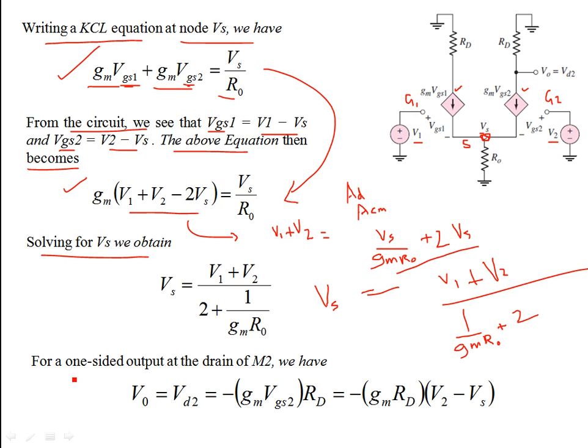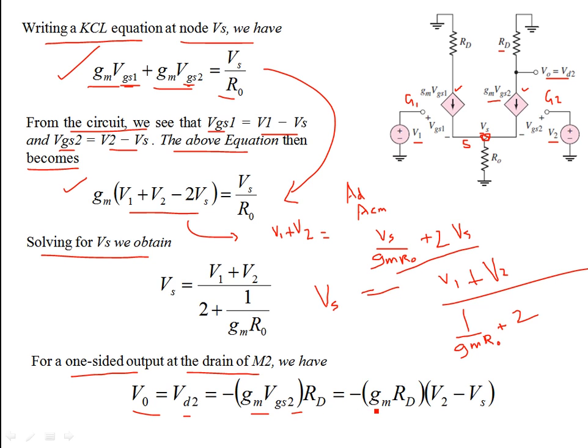So for the one-sided output at the drain of M2, we have V0 equal to VD2. Given the direction of the current, you will have a minus sign. You're taking the output from the drain of M2, so this will be equal to minus gm VGS2 times RD, right? Note that this again is a common source configuration, so there's a 180-degree phase reversal between output and input voltages, which is expected given the direction of the current.